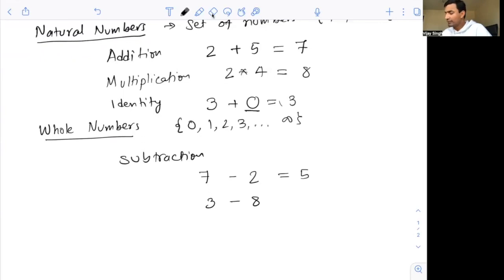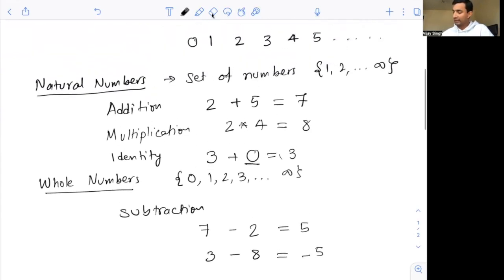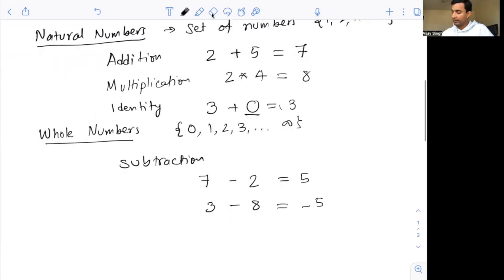Now in this case, the number which is being subtracted, 8, is larger than the number 3. So, of course, the result here is minus 5, but minus 5 is not an element of the set of natural numbers or whole numbers.